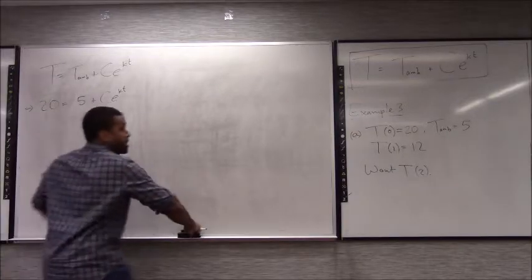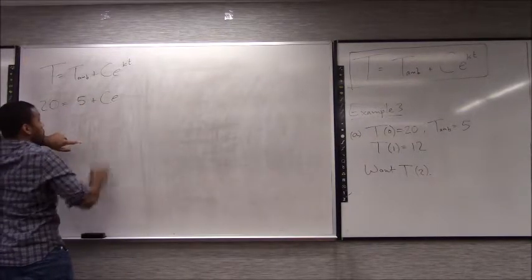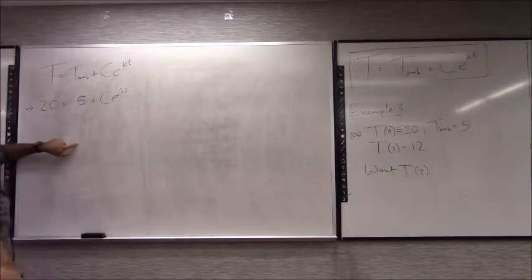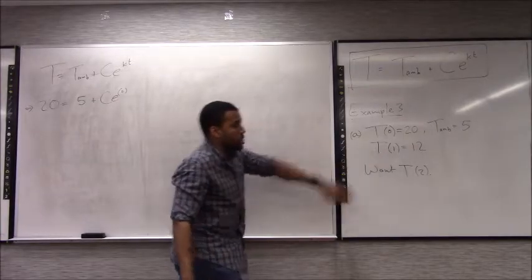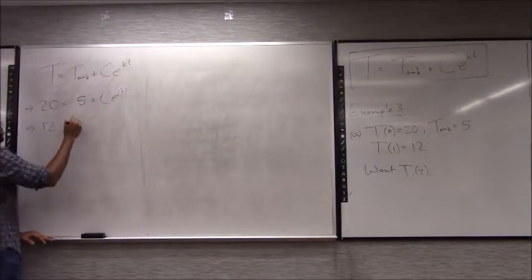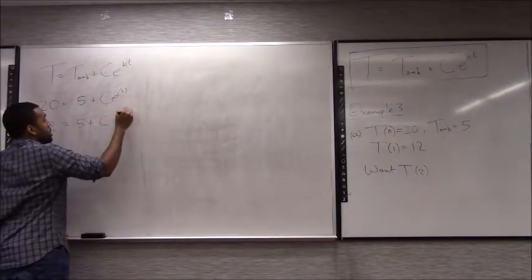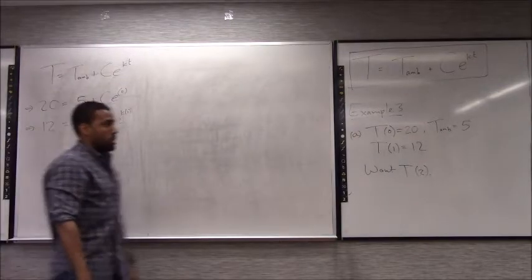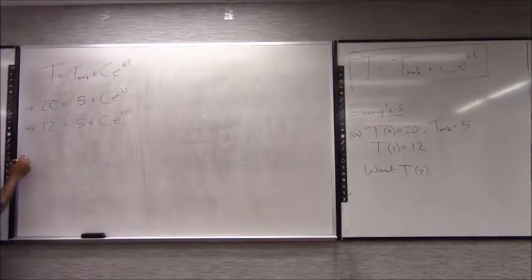Well, I do know that the 20 happens when t is 0, so that's e to the 0. I also know this one: the temperature is 12 when the time is 1. So this is 12 equals 5 plus C e to the k times 1. That's the information I know from here.